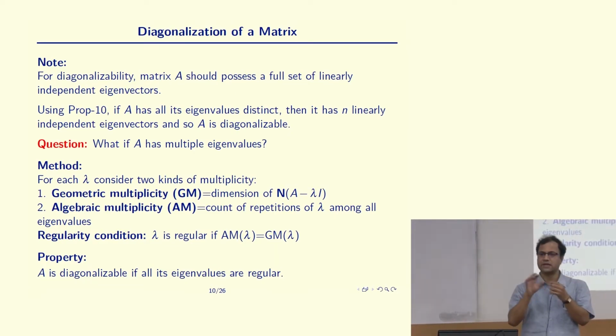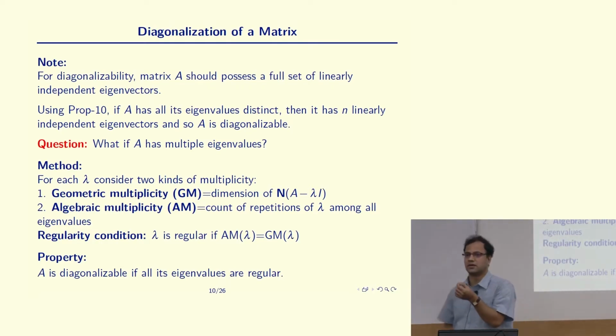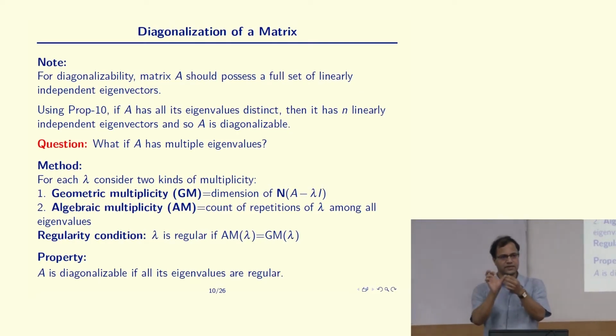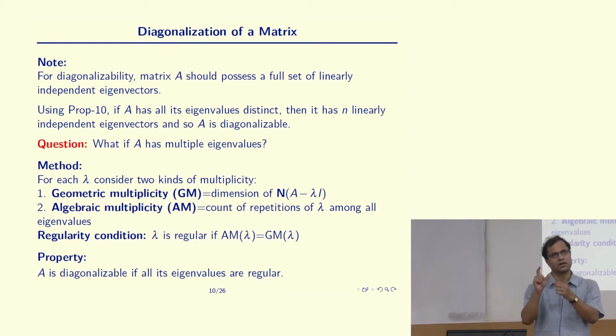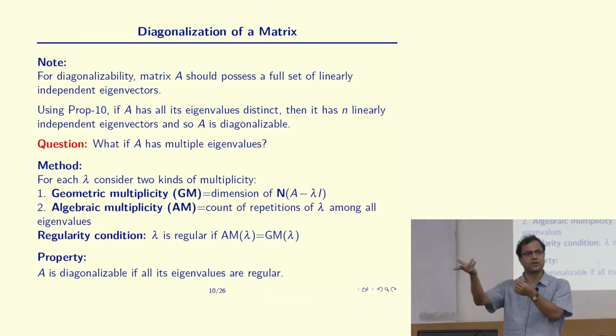So whether lambda is repeated many times or only once, if we are able to find n independent eigenvectors, we can diagonalize. But if it is repeated, then we have to check two kinds of multiplicity. Suppose lambda is repeated 3 times. Then we say the algebraic multiplicity of lambda is 3. Then we see what is the dimension of the null space of A minus lambda I, from which we are finding the eigenvectors.